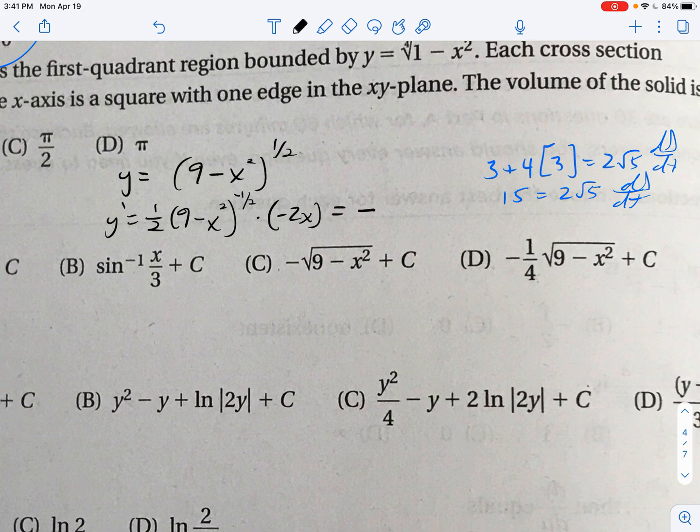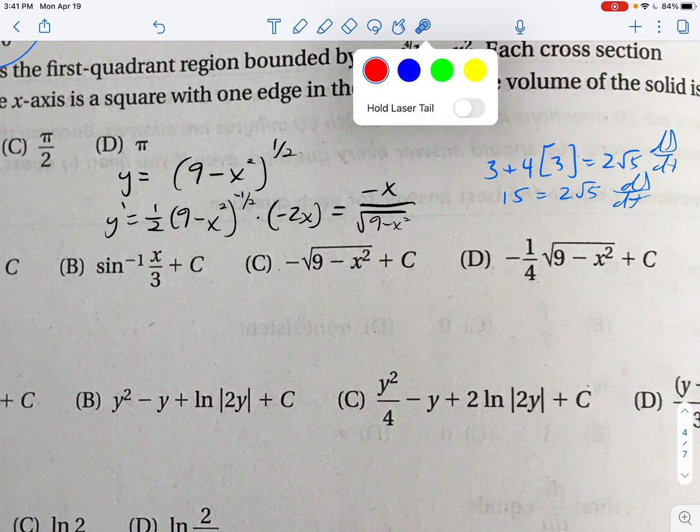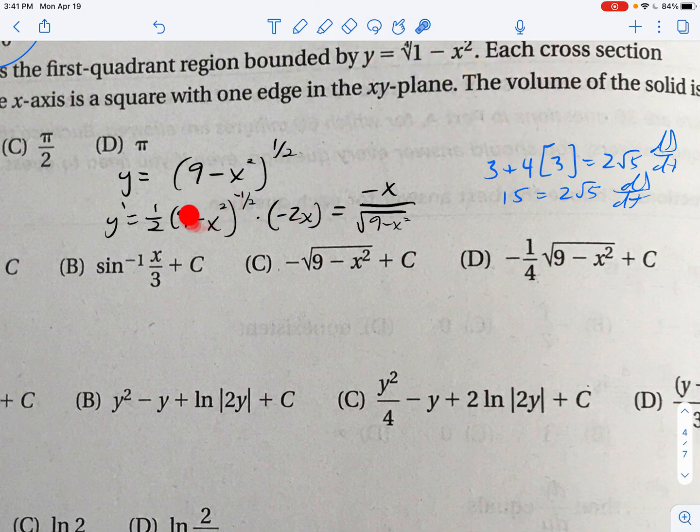And that simplifies to negative x. Let's write it this way. That simplifies to negative x over the square root of 9 minus x squared. The 2 and the 1/2 cancel, but there's a negative x, and then negative 1/2 means a radical in the denominator.